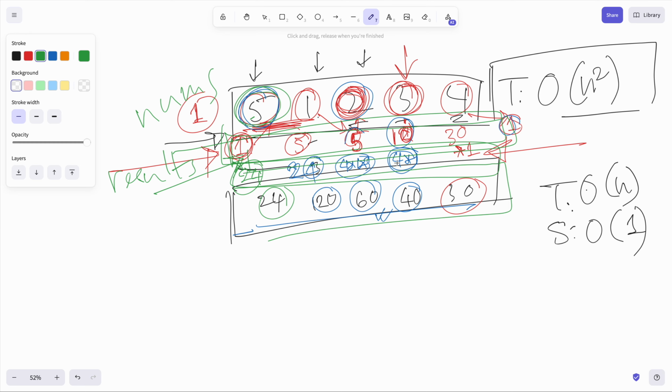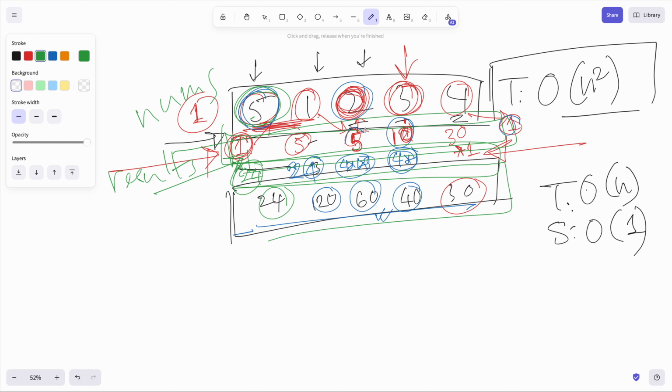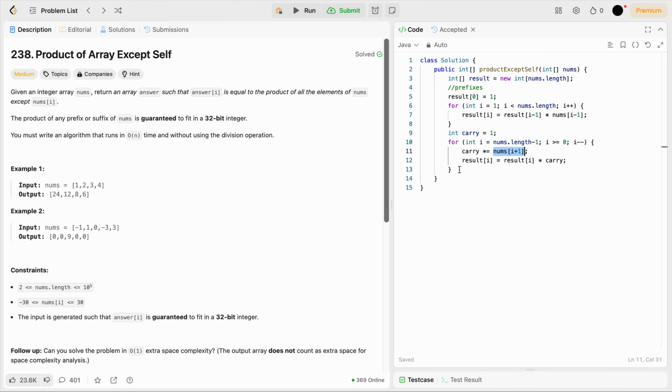So multiplying with 4, 4 times 10 is 40. That's the value we are storing right here. And then when it comes to 2, the carry value was 4 previously. Now the carry is 3 times 4 is 12, and that's what we're multiplying with, and that will just return us the answer. So that's what we need to return.